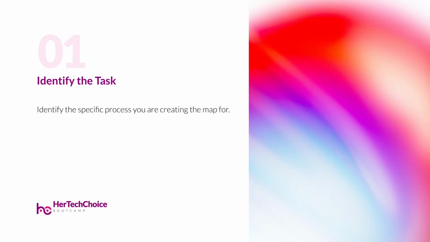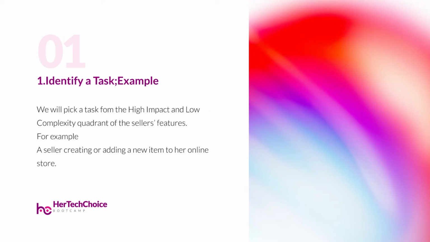This is identifying the specific process you are creating the map for. We'll pick a task from the high impact and low complexity quadrant from the previous video of the seller's features, which is a seller creating or adding a new item to our online store. So that we have identified the task.